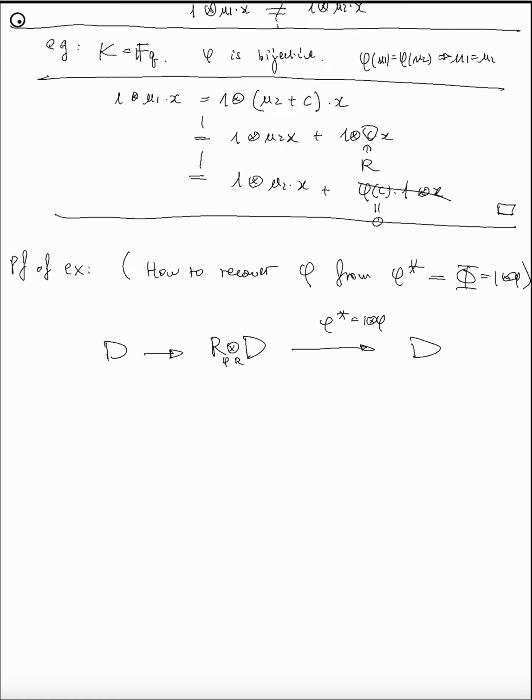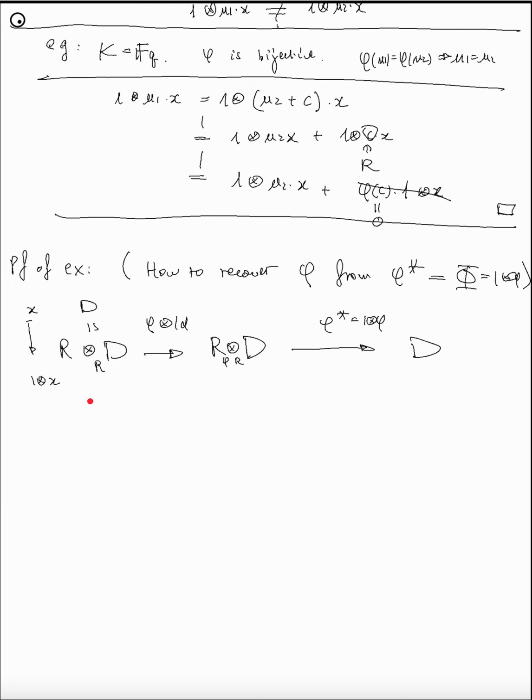we define it by composition. So here, over R, it's just isomorphic to D itself. So an element here is mapped to one tensor x, right? Okay, so we're going to put Frobenius tensor identity here.